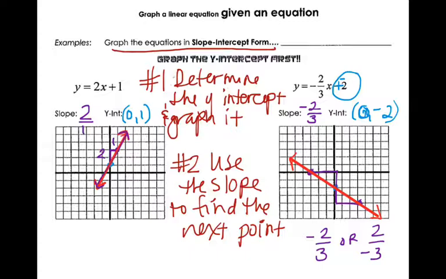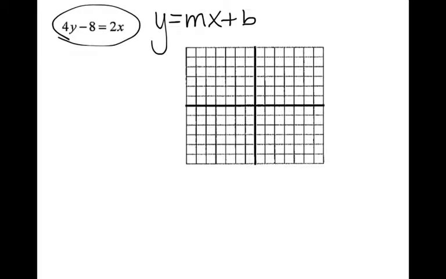Okay, let's take a look at one more. This one's a little bit trickier. With this, if you struggle, I wouldn't stress over this. There are two ways you could handle this situation here. Our goal is to have this written in y equals mx plus b format. And right now it's not.